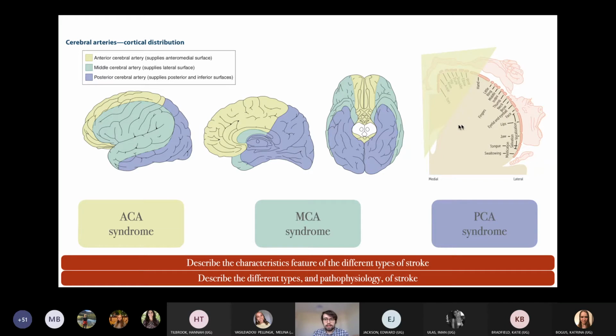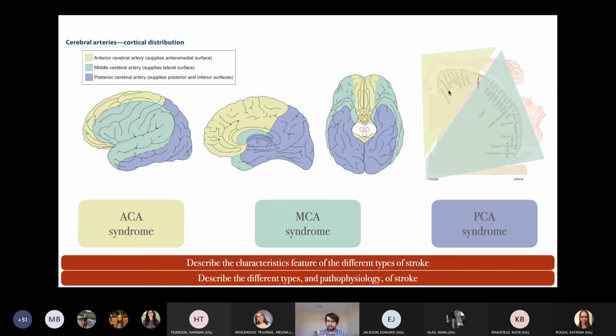Now, why do I mention this? Well, think about color coding. ACA supplies this region, and MCA supplies this region. Remember we said that MCA goes laterally. This fissure here, where MCA pops out in the middle, is here. So it pops out and runs up to supply this region and down to supply the temporal region.